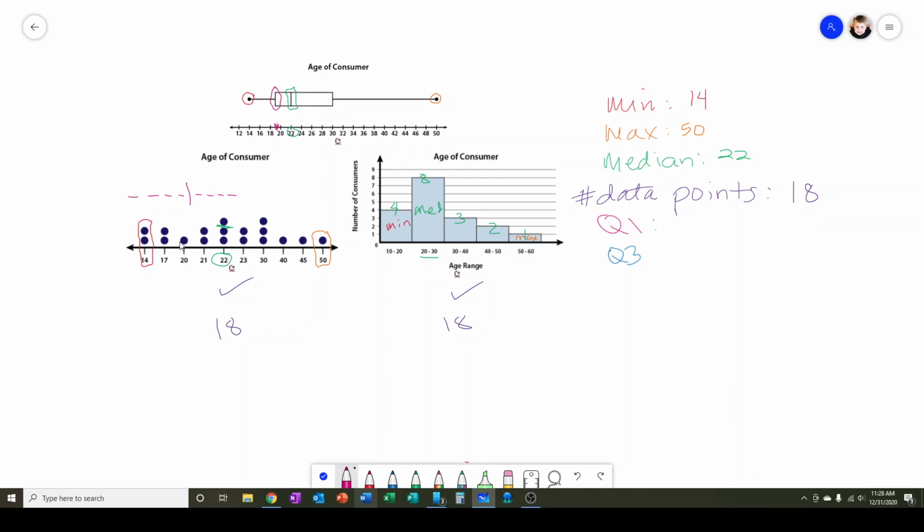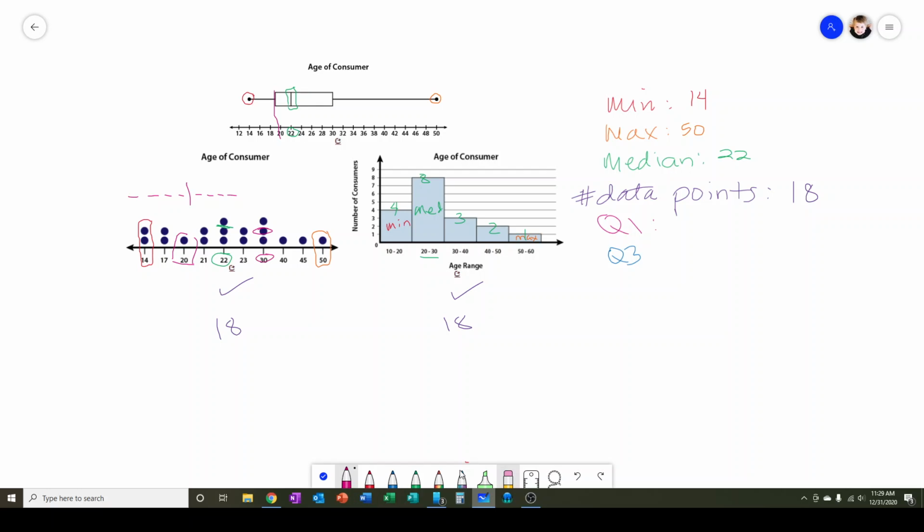And I think this is just drawn wrong. I think this is supposed to be over 20, but it's sort of off line there. And then we have 1, 2, 3, 4, and 1, 2, 3, 4, which means 30.